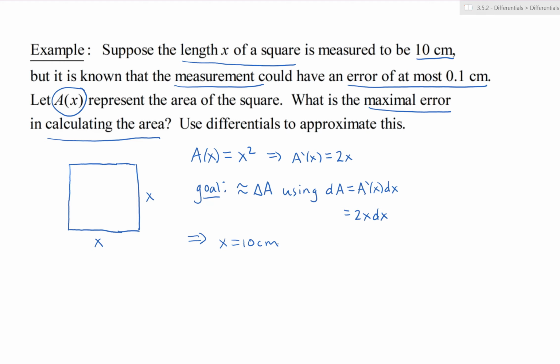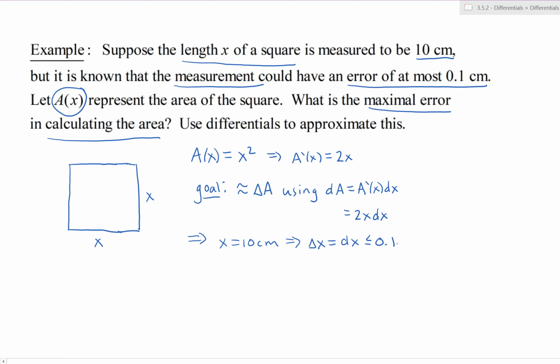So maybe it's at most 10.1 centimeters, and at the minimum, it's 9.9 centimeters. We just don't know because we measured it, and we might have some measurement error. And thus, we should think of our delta x here, some change in that corresponding x direction, as the same as dx, and that's going to be at most 0.1.